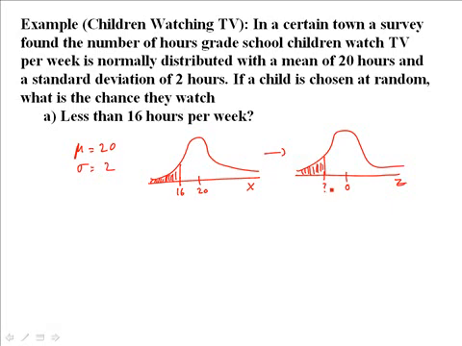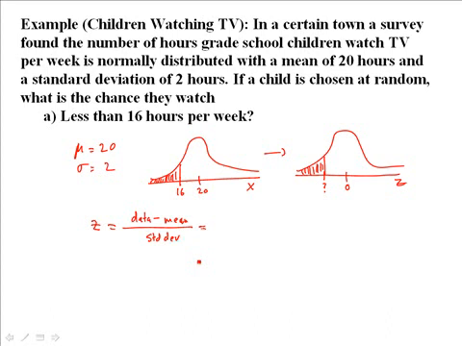All right, now how do we figure out this z-score right here? The way to do that is to use the z-score formula, and that looks like data minus mean divided by the standard deviation.